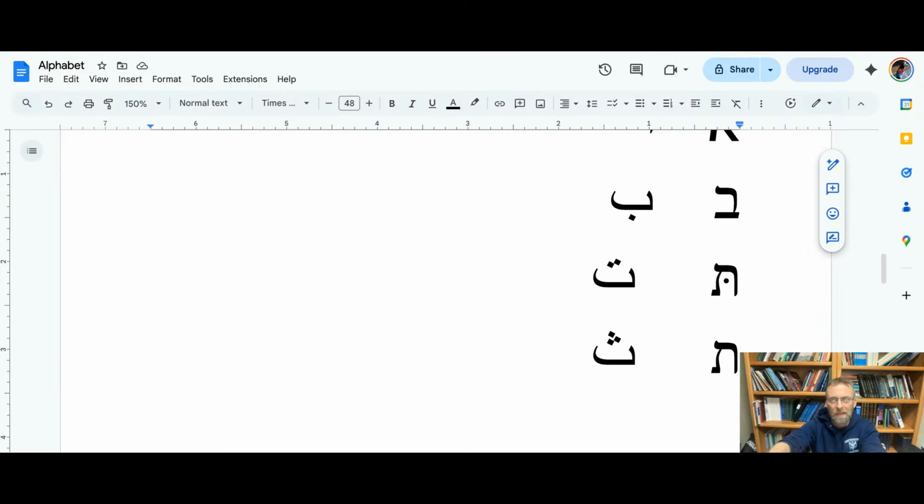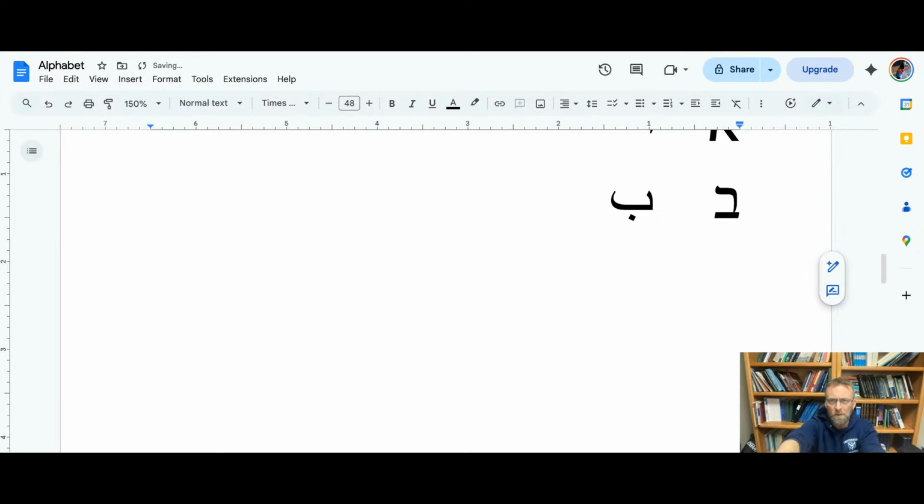And so the correspondence between these is a little bit tricky and something that I don't want to get into tonight, but they make the same sound.